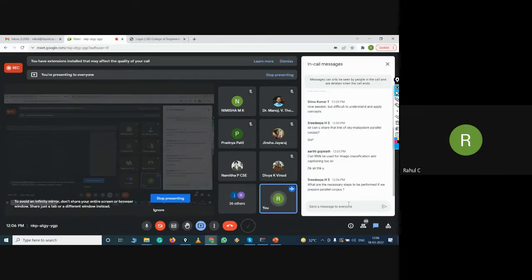So the necessary steps to include in the corpus depend upon your source and target language. My suggestion is, suppose your translation is done in Indian languages, I don't know which language you are going for. If you are going for Indian languages, maximum sentence length can be limited to 10.